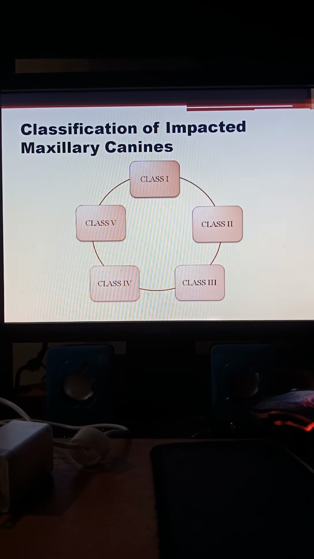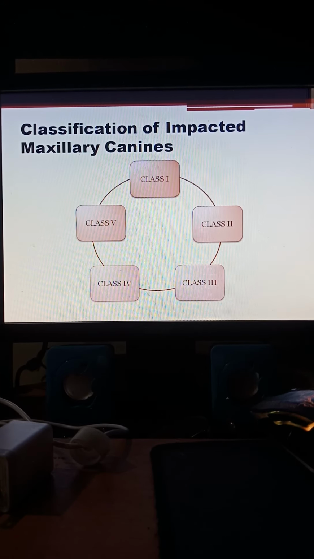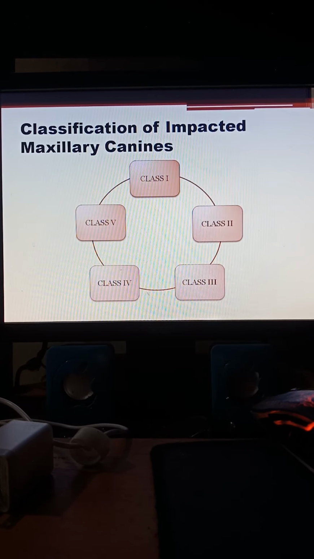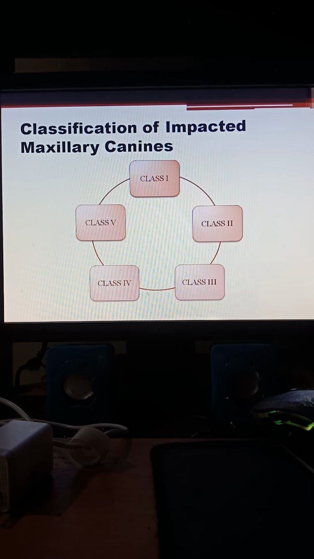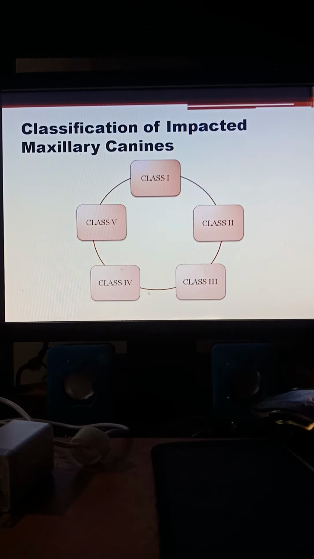Classification of impacted maxillary canines. We have Archer's classification. First, Class 1, impacted maxillary canine located in the palate: horizontal, vertical, and semi-vertical. Class 2, impacted maxillary canine located in the labial surface of maxilla: horizontal, vertical, and semi-vertical positions.